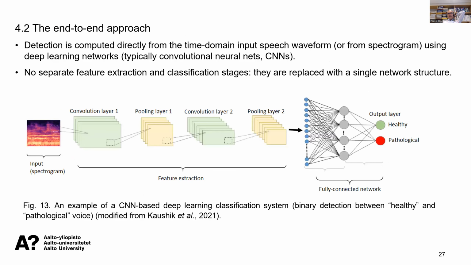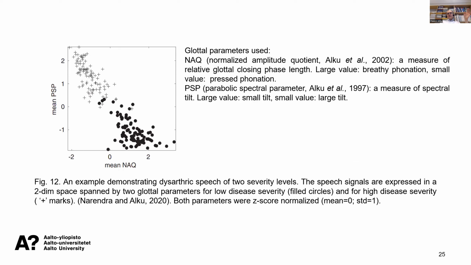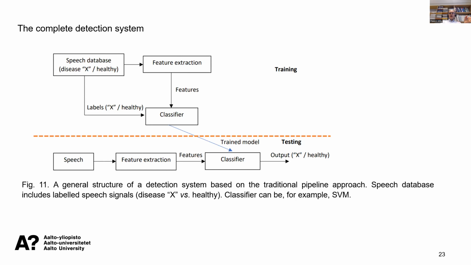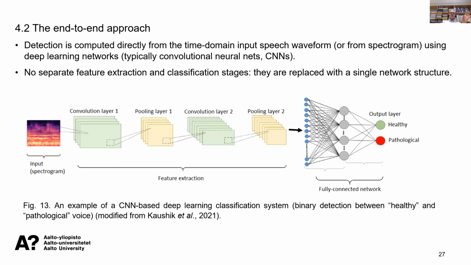As an alternative to this classical pipeline system, which is shown here at the lower part of the picture, if you look at the literature, what's happening today, researchers are increasingly using deep learning techniques. And therefore, the alternative to this classical pipeline system, the so-called end-to-end system, has become very popular nowadays.